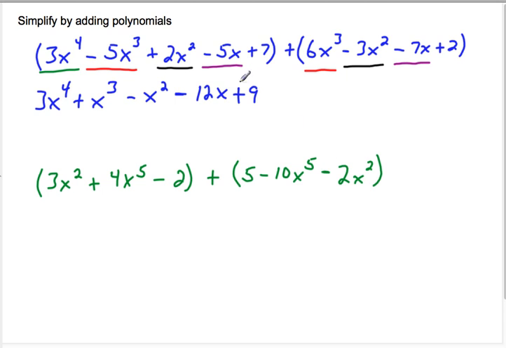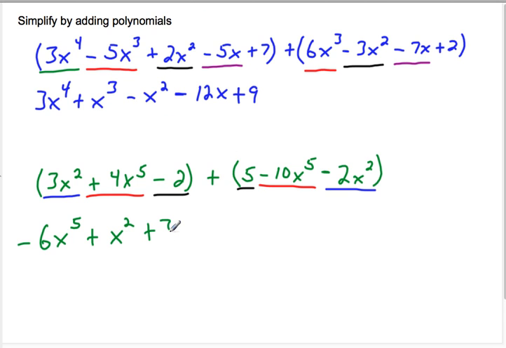Looking at this one on the bottom, I see a fifth power, so a plus 4x to the fifth and a minus 10x to the fifth would be negative 6x to the fifth. Then I see two squareds, so 3x squared and negative 2x squared would be positive 1x squared. And then we have a negative 2 and a 5, which is 3. And so we'd be done with that one.